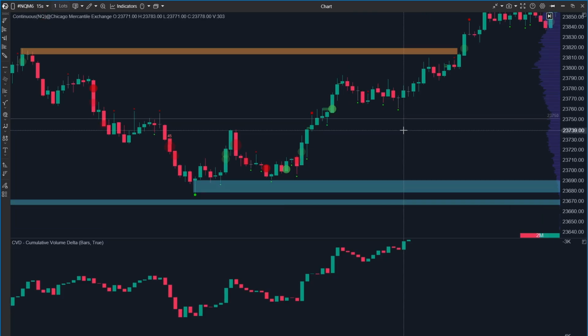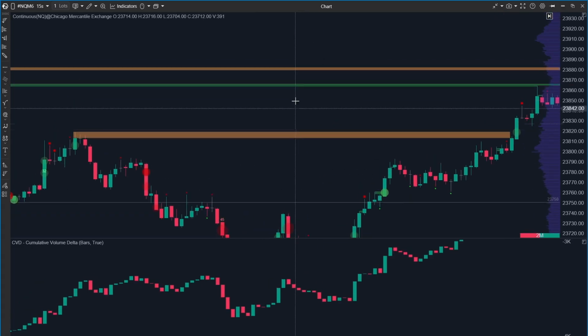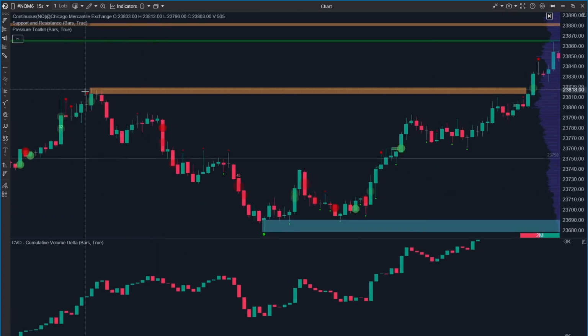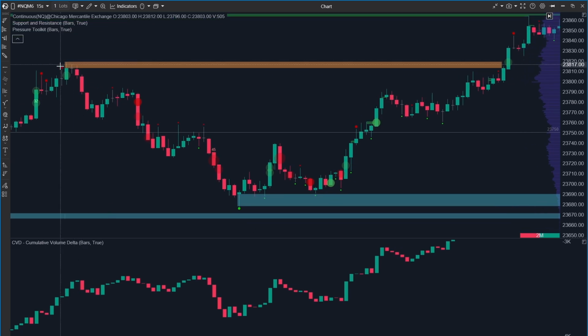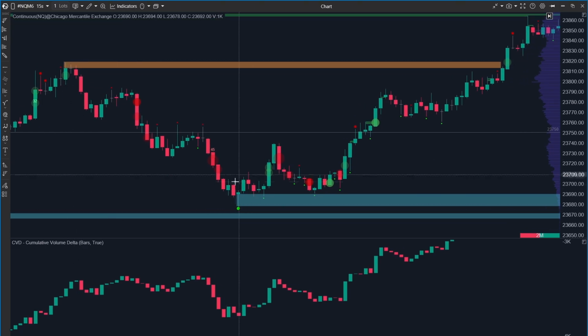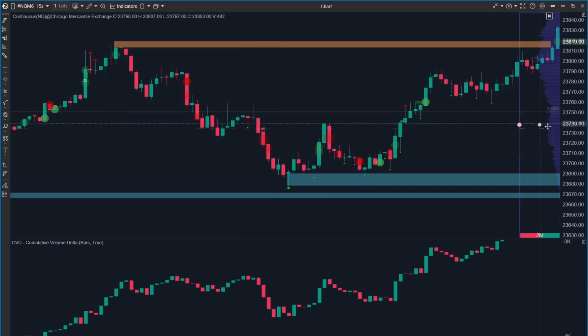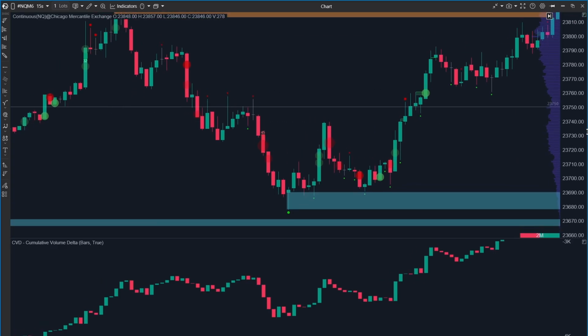So for me, the main levels that I watch out for where certain reactions might be more important are the psychological levels, the absorption line levels, and the levels from our support and resistance indicator. That simply shows you the swing highs and swing lows, but they can be very important. So you do want to watch for reactions at these levels.